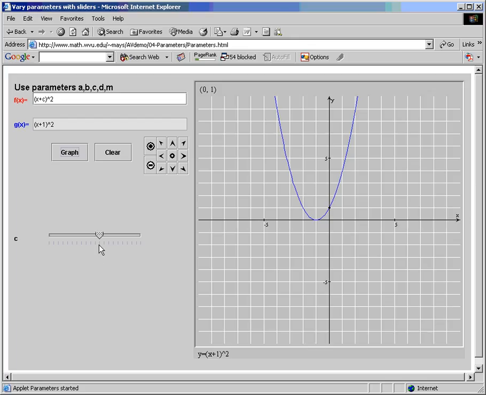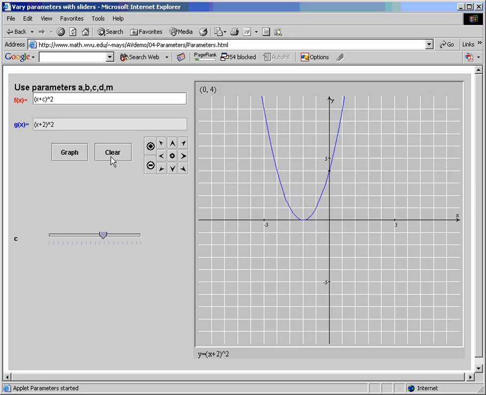The slider will give values, and if you change the slider, it will shift. Notice that when you shift to the right, it is giving larger values for c. And as we saw in how the graph changes, larger values for c make the graph shift to the left. So you could play with that to see the effect of that change.